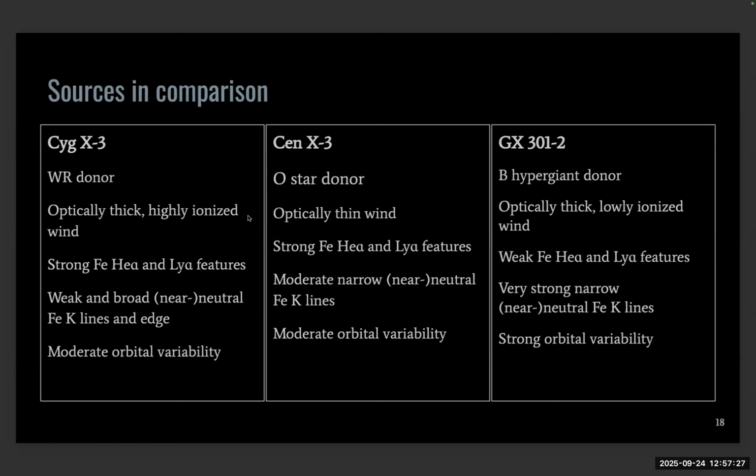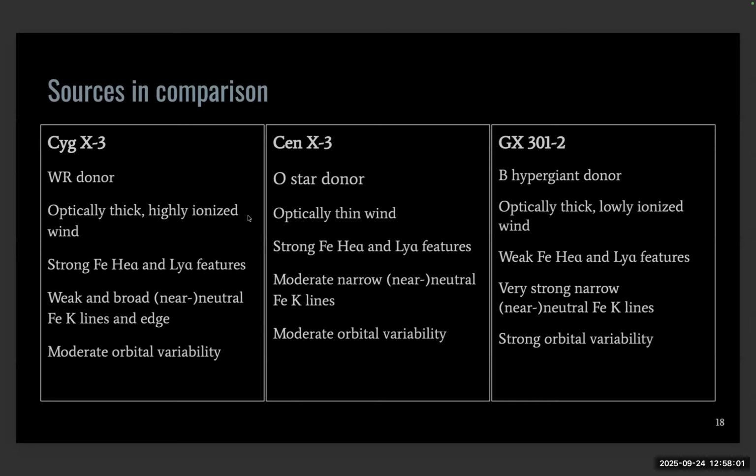So basically, the way to get to this would either be higher densities or larger distances from the compact object. That basically leads to geometric dilution of the radiation field, and overall this brings the ionization down. But yeah, so it has to be some sort of a combination of these two things.